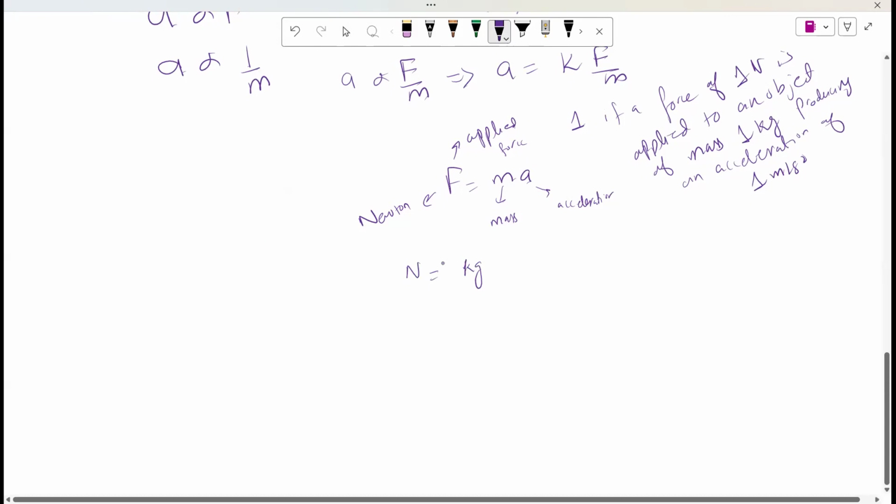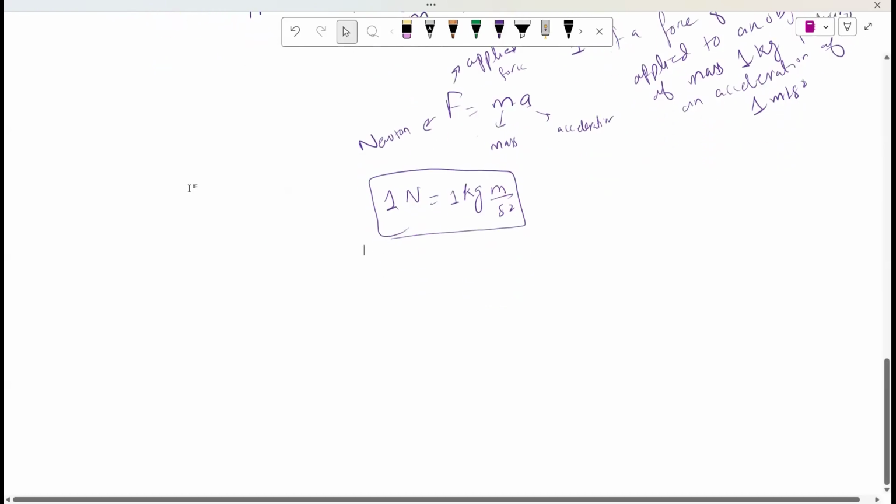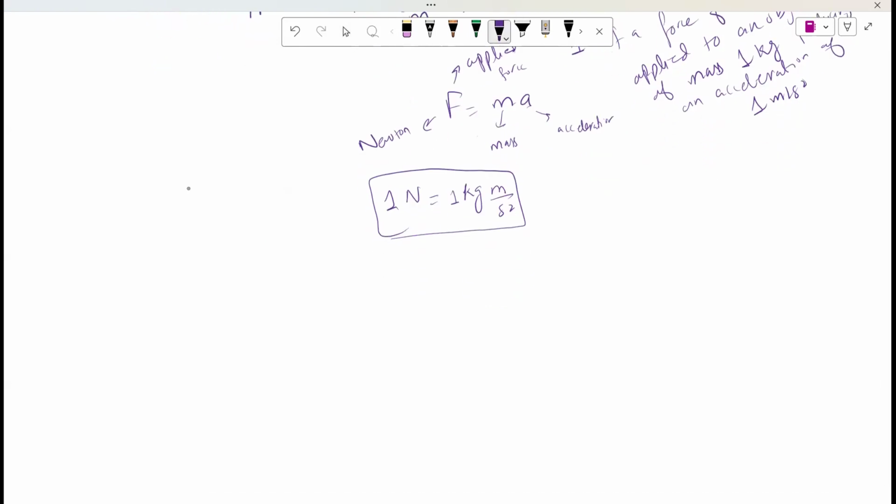Meters per second square. So 1 Newton is equal to 1 kilogram meter per second square. This is the SI unit of force. Clear? Yes.